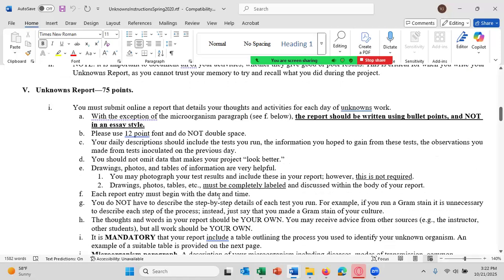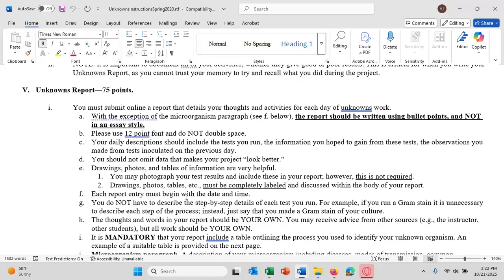And in your unknown report, you should put the date of the entry, meaning if you requested the test on, I don't know, October 29th, you should state that, and then you'll get the results likely on a different day. Very few of the tests would you get on the same day, and that would be only if you request it, and then I look at the unknown notes page on that same day.